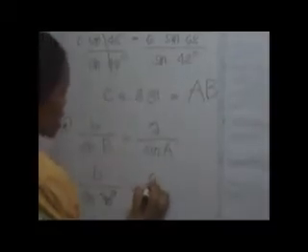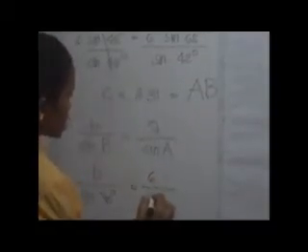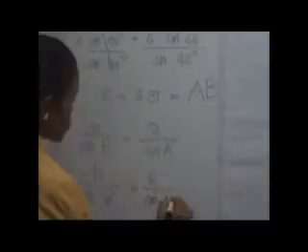So substitute the values that are given. Our B is what we need to find, and our angle B, sine 70 degrees, is equal to A, which is 6, over sine A, sine 42 degrees.